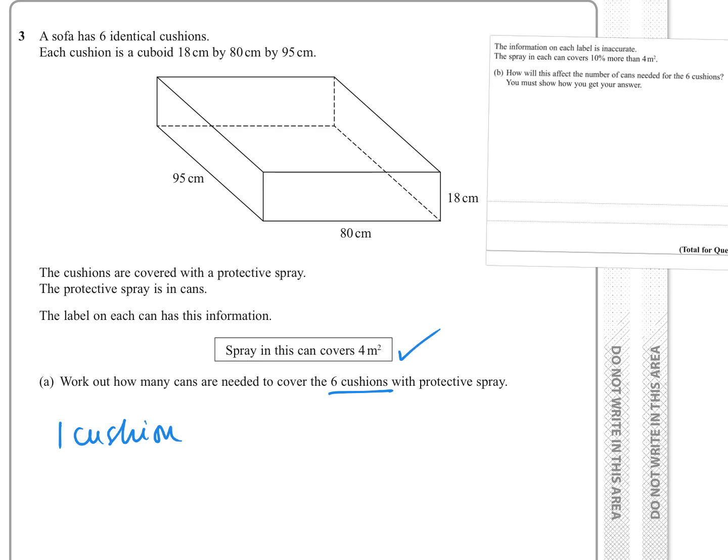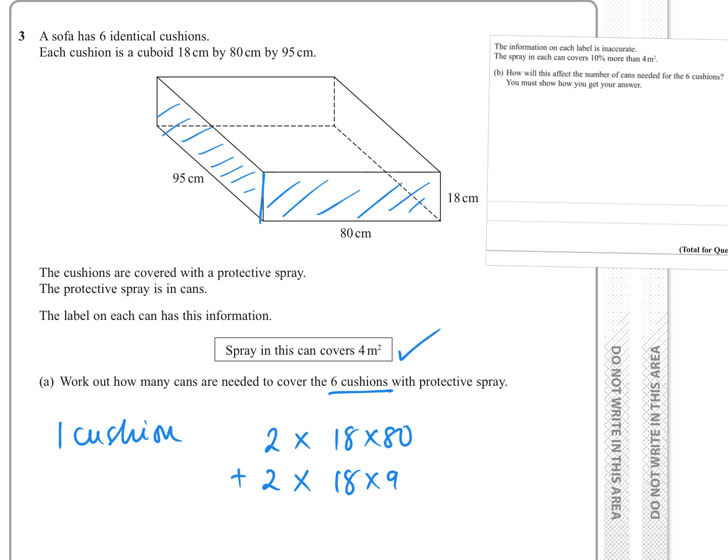and that would be 2 of these faces. So that would be 2 lots of 18 by 80, and then 2 lots of these, which measure 18 by 95, and then two of these, the top and the bottom of the cushion there, which is two lots of 80 by 95.